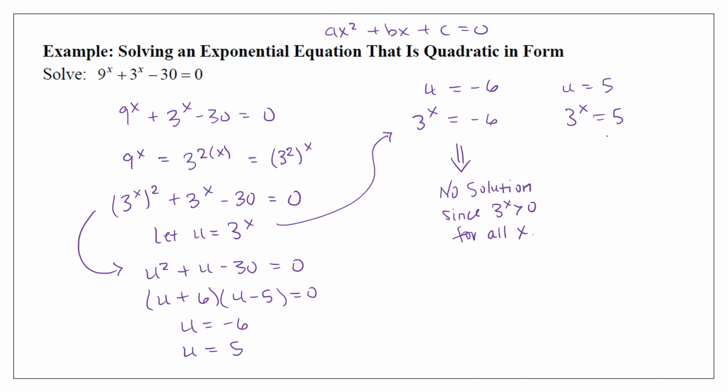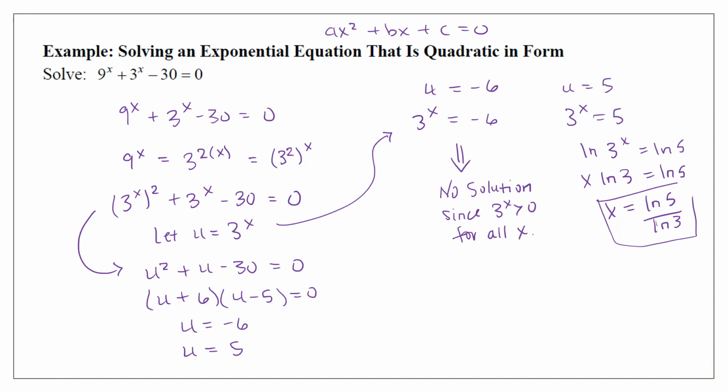Now 3 to the x equals 5, we can apply the natural log to both sides of this exponential equation. Move the power to the front as a factor and divide both sides by the natural log of 3, okay, which then gives us a solution for x.